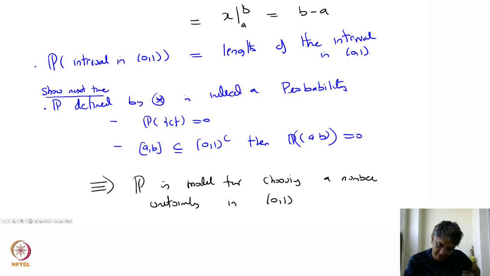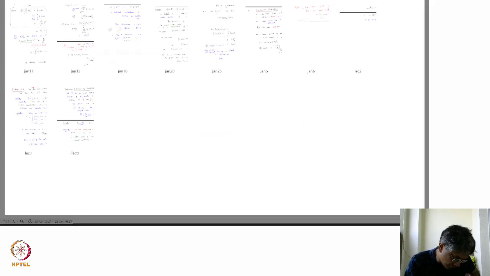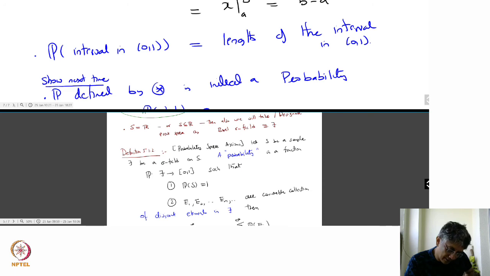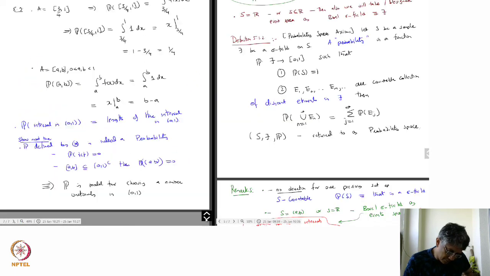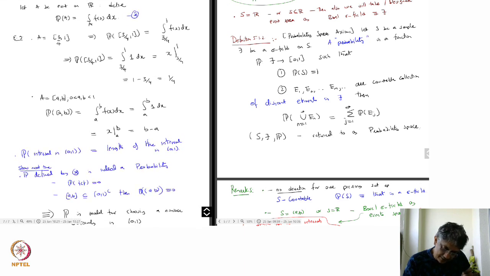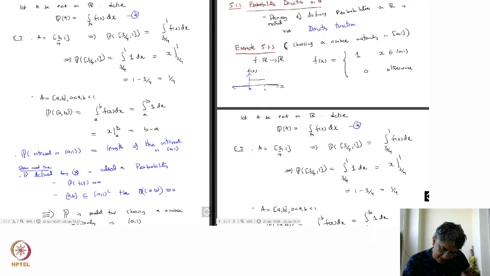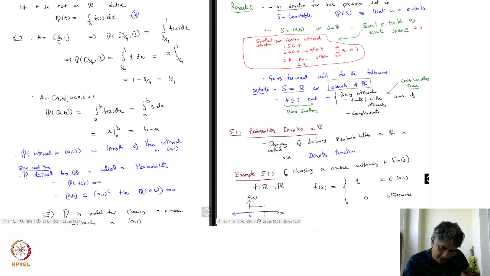Very good. So I'll just quickly recap the last two points. I'll close for the day. The main idea was that I wanted to define a probability that will give me my experiment, that I choose a number uniformly in 0, 1. And the way we define probabilities is via a density function.